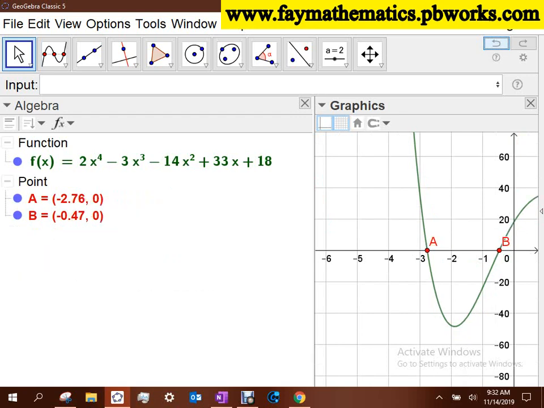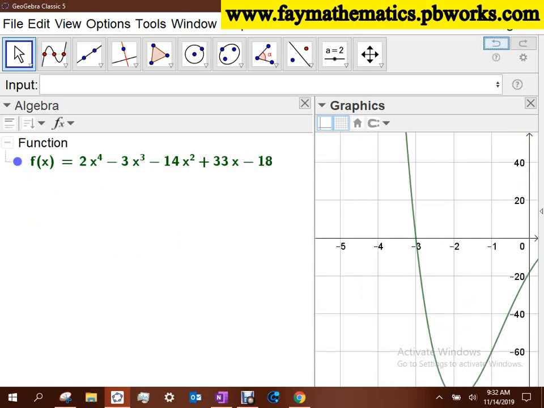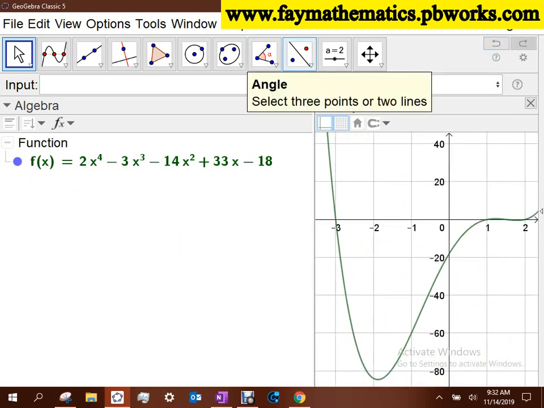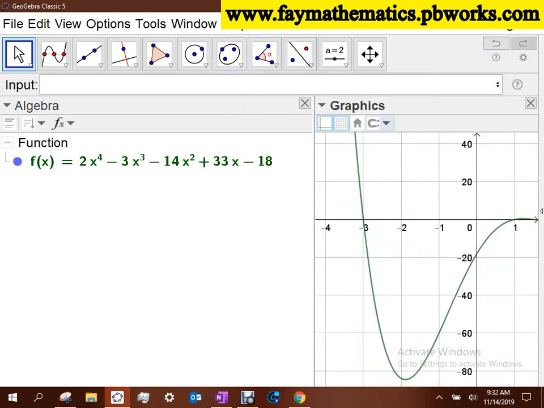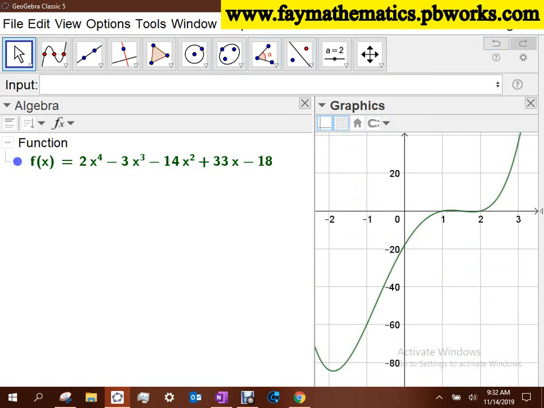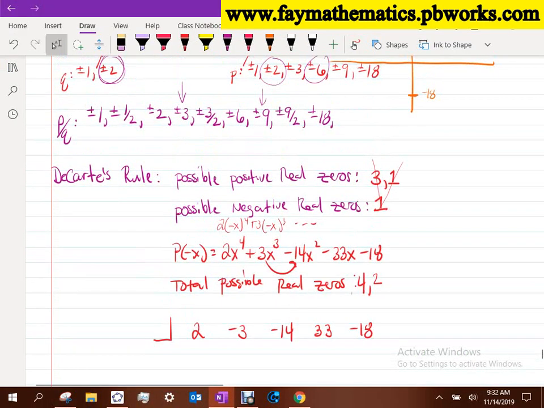Now, when we do that, you can systematically, this is what I do, I just start with 1, try 1. If it works, great.